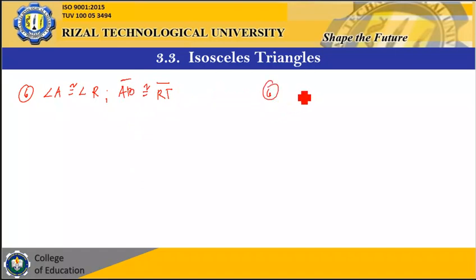And that is CPCTC. Corresponding parts of congruent triangles are congruent.